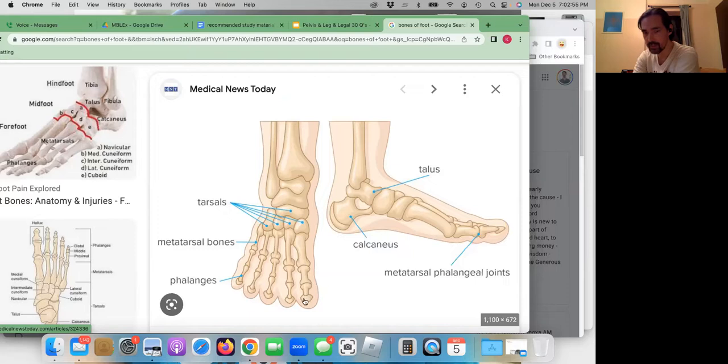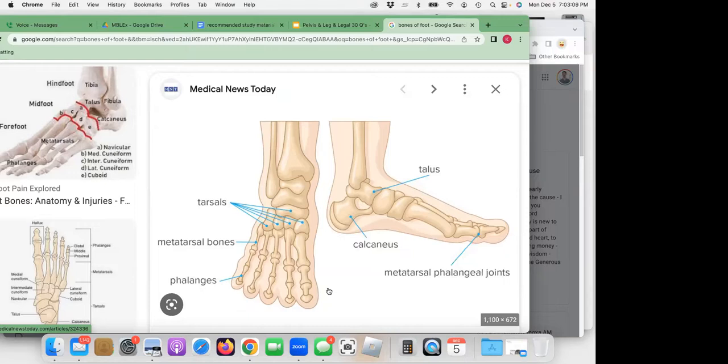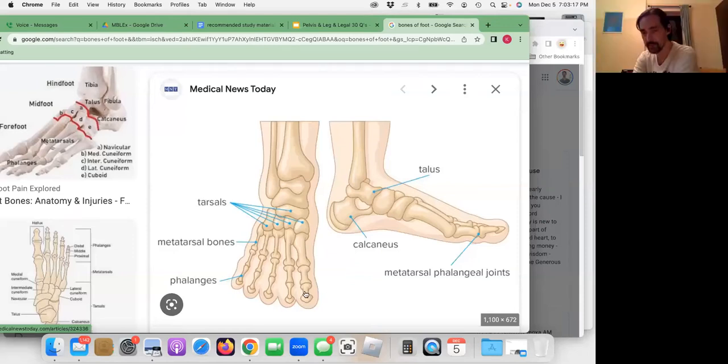Larissa, what is the difference between the number of phalanges in the big toe and the number of phalanges in each of the other 4 toes?